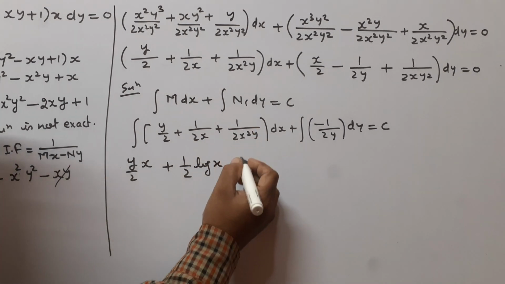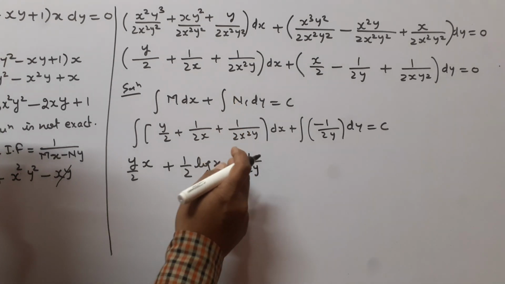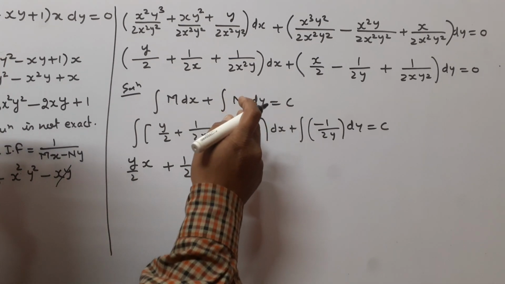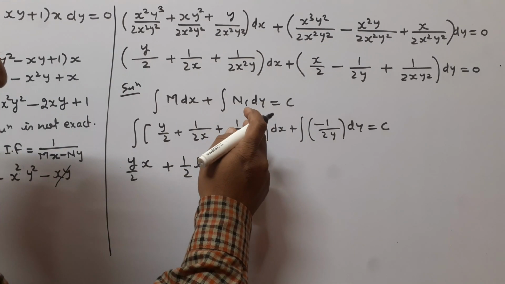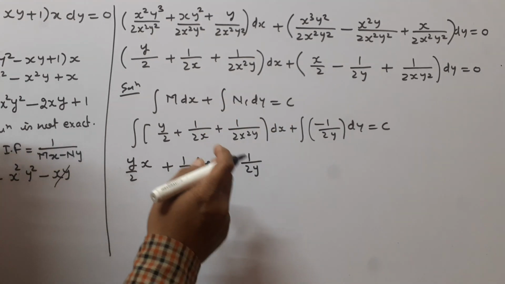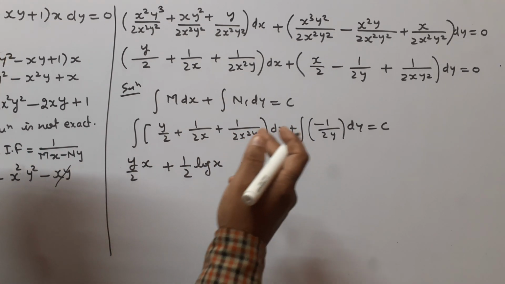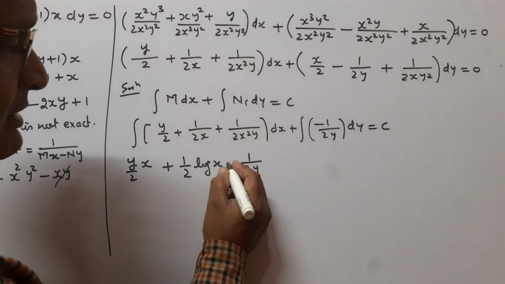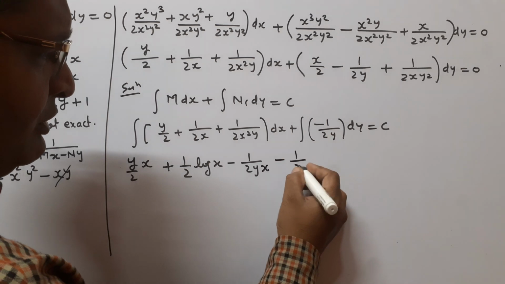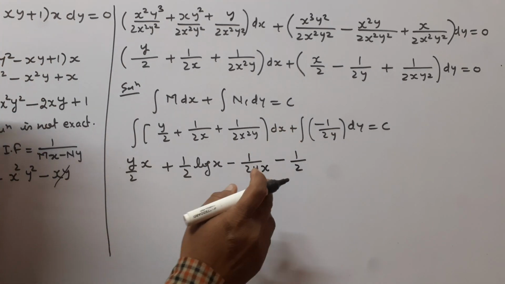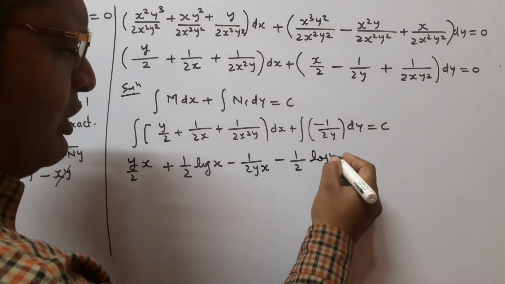And here 1 upon 2y is constant, and when we integrate 1 upon x square, x square goes to the numerator and the power will be negative, that is x to the power minus 2, and when we integrate x to the power minus 2 with respect to x, we get x to the power minus 1 upon minus 1, that is minus 1 upon x. And here 1 upon 2 is constant, so it goes outside the integral sign, and the integration of 1 upon y is log y.